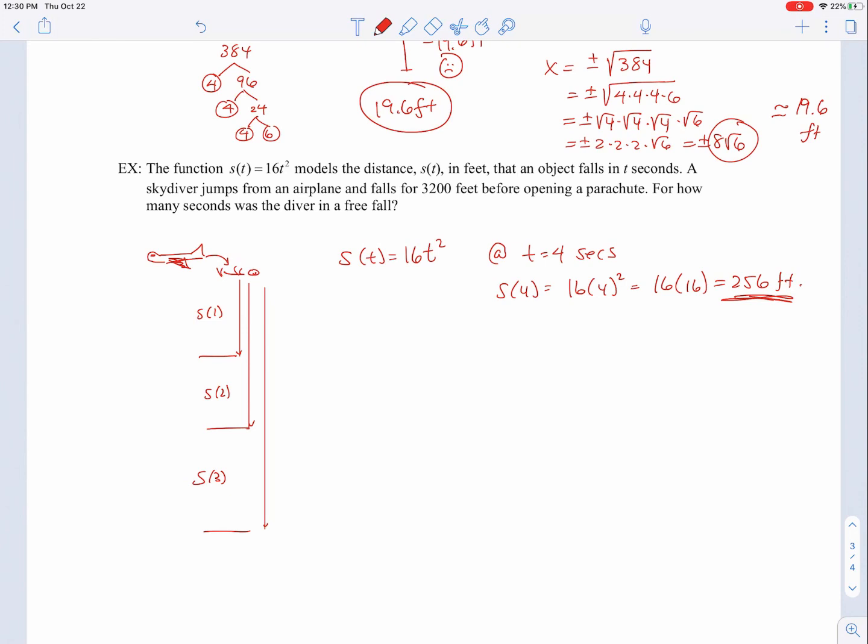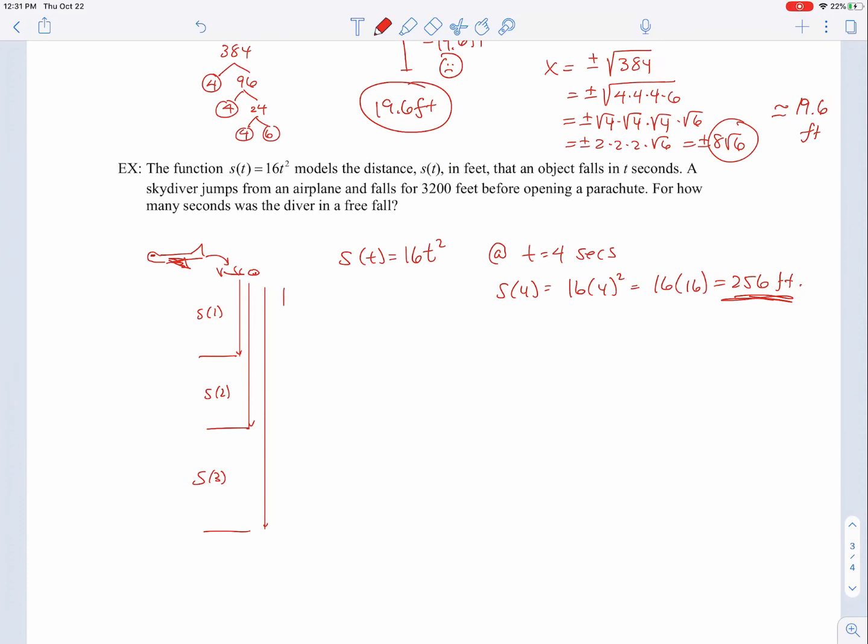Okay. Now, it says, a skydiver jumps from an airplane and falls for 3,200 feet before opening his parachute. For how many seconds was the skydiver in free fall?